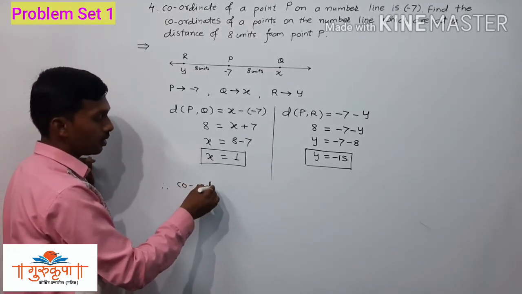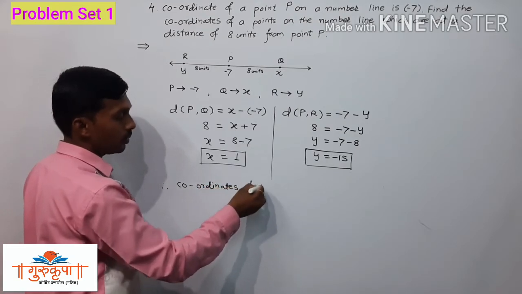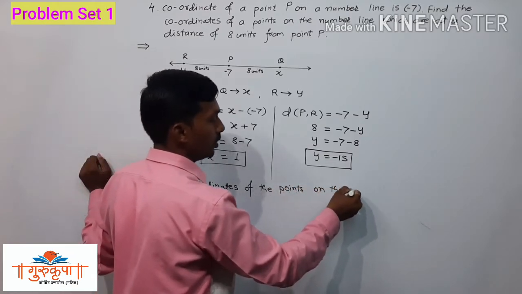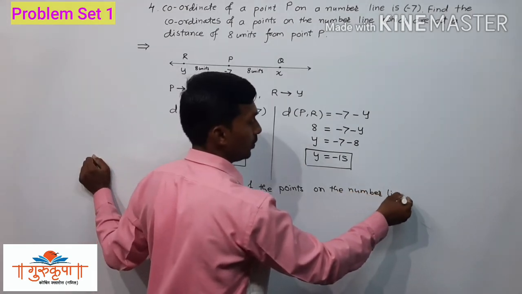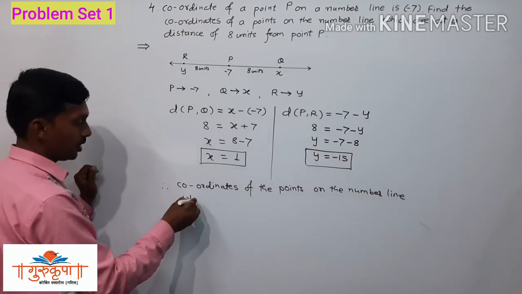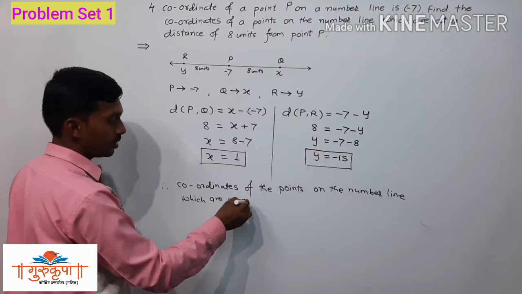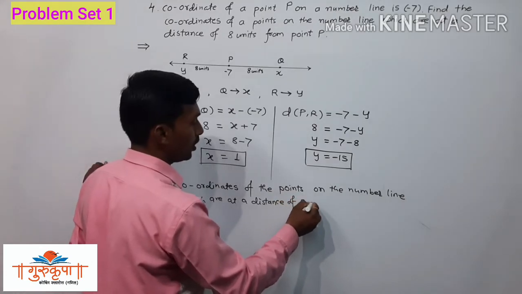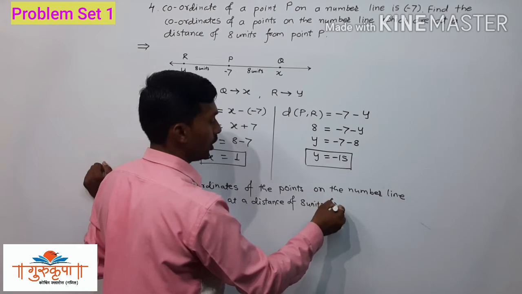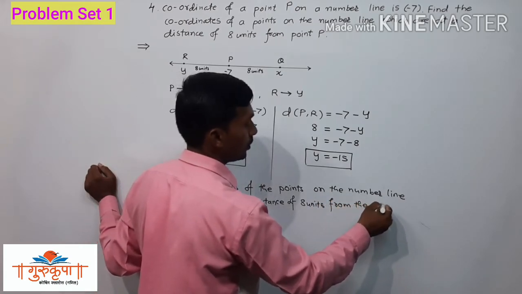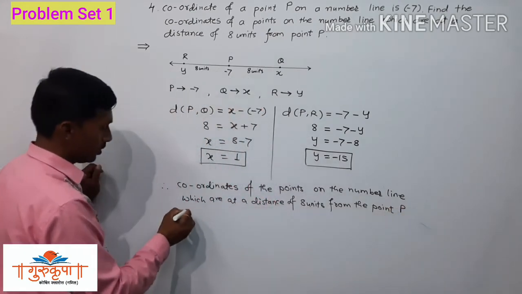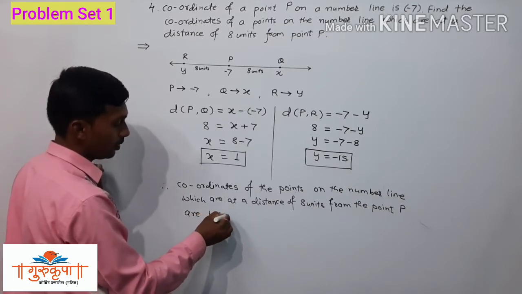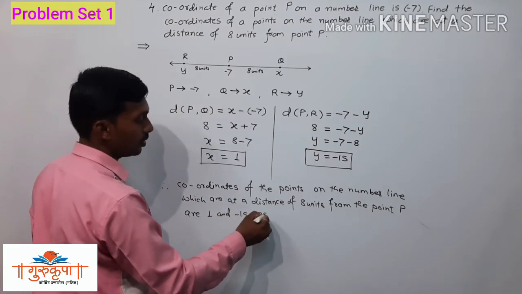So we write here: coordinates of the points on the number line which are at a distance of 8 units from the point P are 1 and -15 respectively.